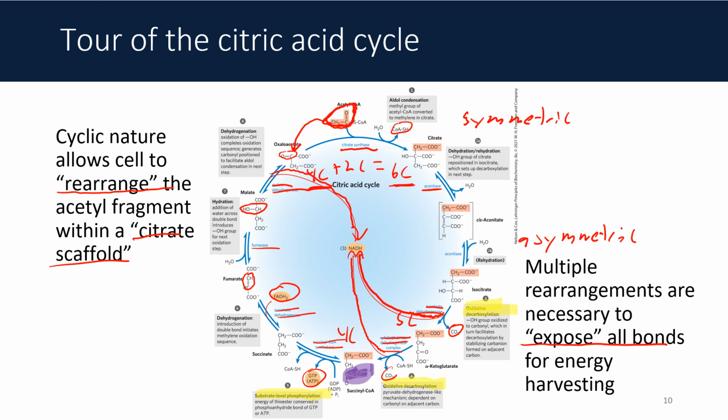And this process can continue again and again, combining with another acetyl-CoA, and it's a really smoothly running, well-oiled engine. If this feels overwhelming, that's because it is. No one's going to grasp this all on the first go.